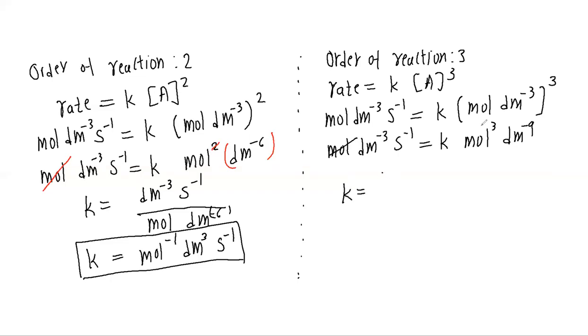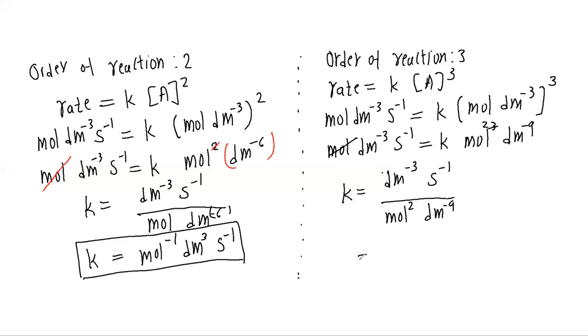So this moles goes, this is 2, and if it comes on the other side, so let's do it. Dm raised to cube s minus 1, moles square comes into the denominator, dm raised to minus 9.